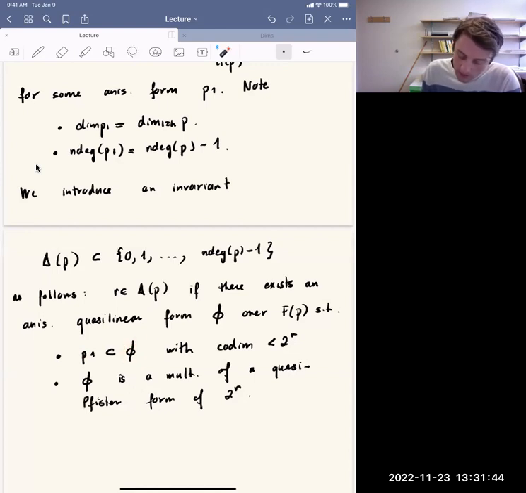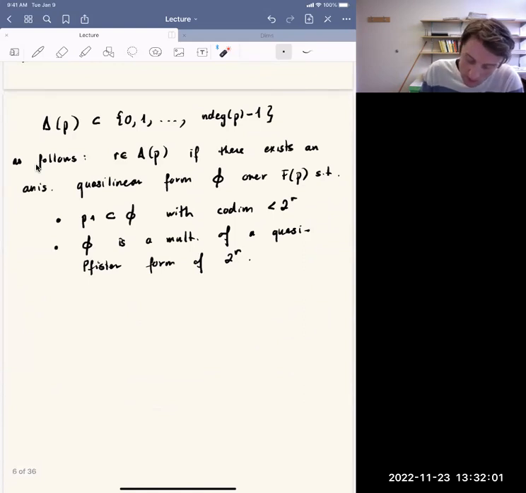There are possibly other subforms of phi which are also stably birational to phi, but here we have this codimension condition. So these are subforms stably birational to phi which have sufficiently small codimension.